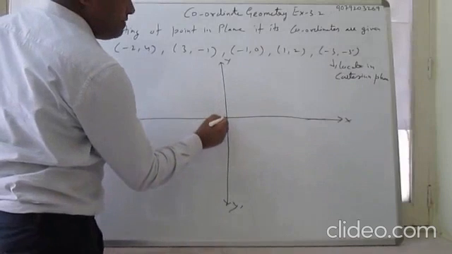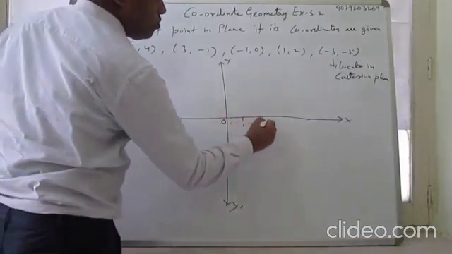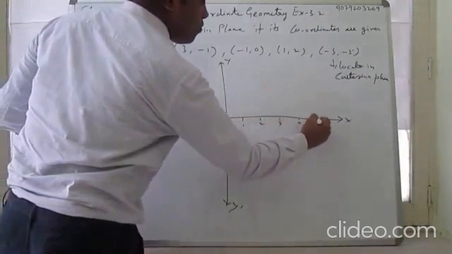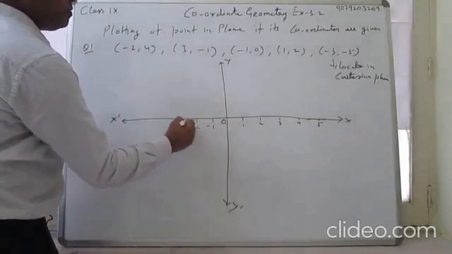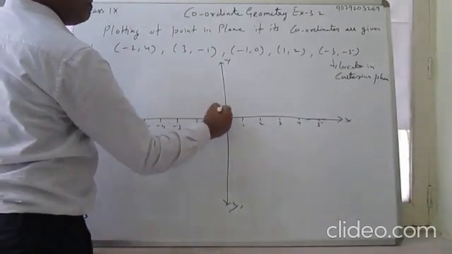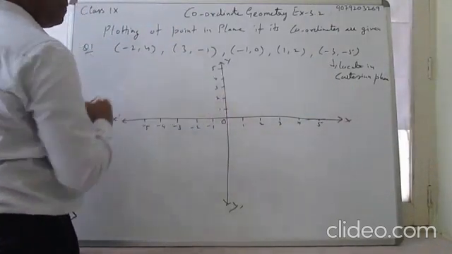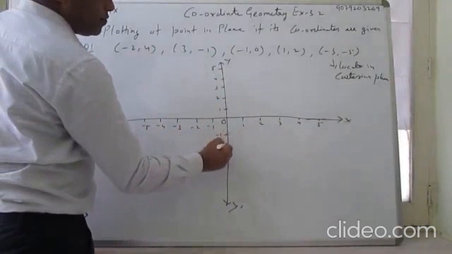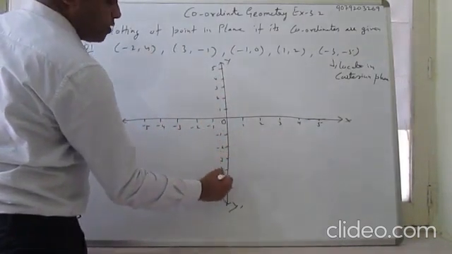Where these two lines intersect is the origin. 1, 2, 3, 4, 5. On the negative side, -1, -2, -3, -4, -5. Similarly on the y-axis, 1, 2, 3, 4, 5, and -1, -2, -3, -4, -5.